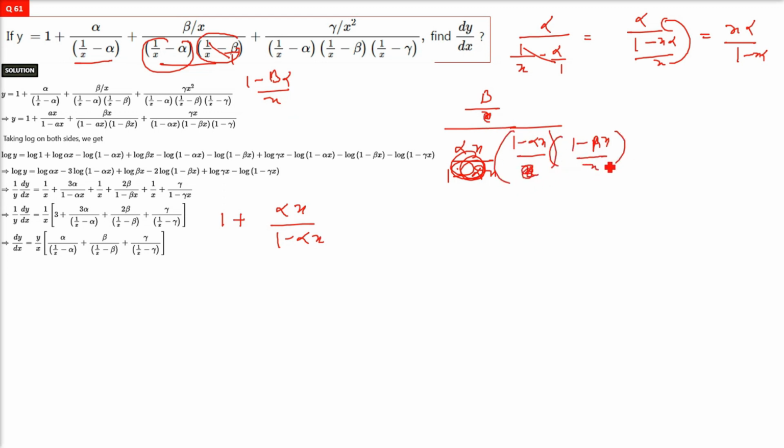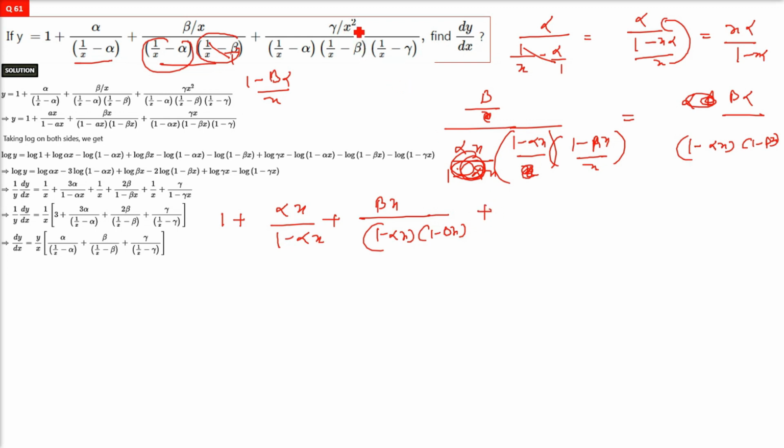So x gets cancelled. We have this, and this x will go up. So this is going to be βx divided by (1 minus αx)(1 minus βx). Alright. This is your second term.